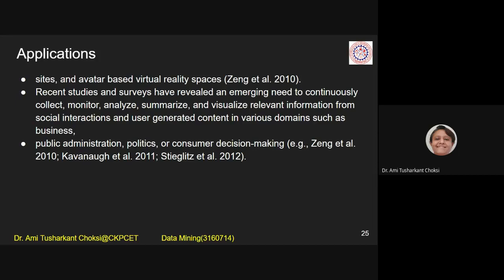Okay. So what we say is emerging need. See, these days we upload pictures and videos, not only we normal people, but many celebrities or other people are putting everything on social media, right? So there is a need to continuously monitor, collect, analyze, summarize, and visualize the social interactions.